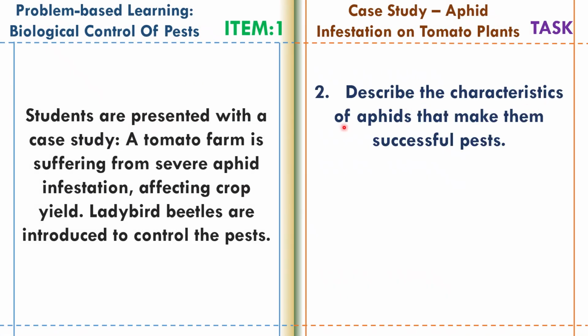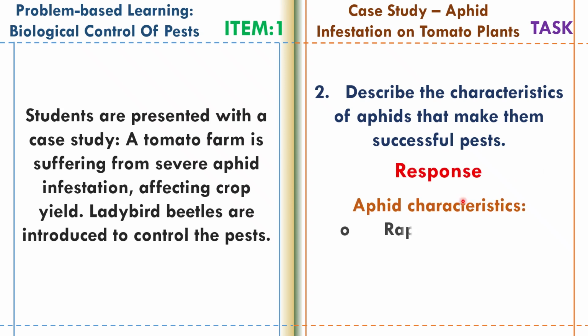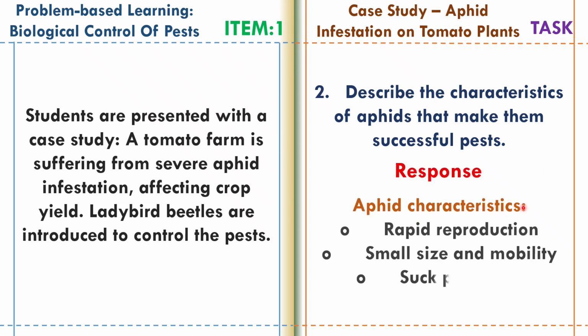Describe the characteristics of aphids that make them successful pests. Aphid characteristics: they have a rapid reproduction, they are small in size and mobility, they suck plant sap, weakening plants.